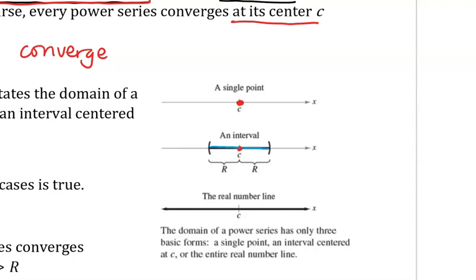Later on, we will look at variations of this, where maybe there's a bracket, maybe there's a parenthesis, maybe there's two brackets. We'll explore that. That's where we go into the endpoints of the interval of convergence. And then the other option is that maybe it converges on the entire number line, and that power series converges everywhere.